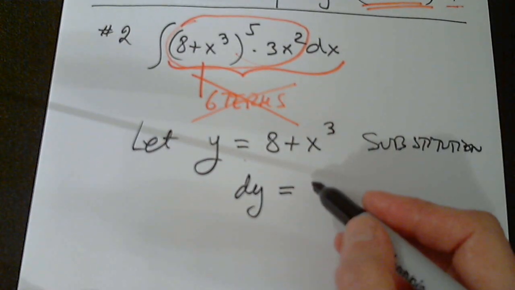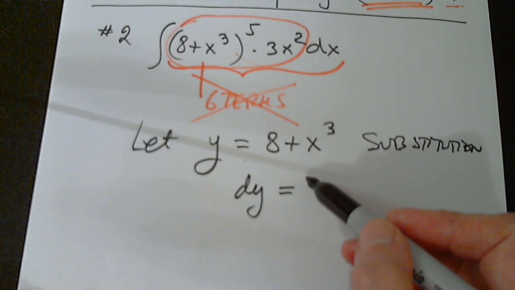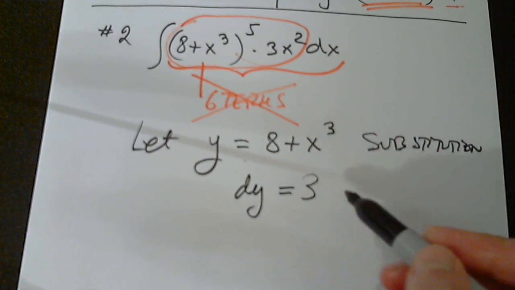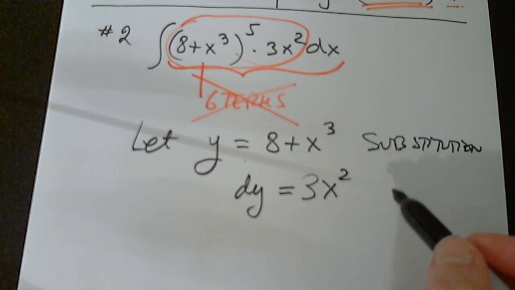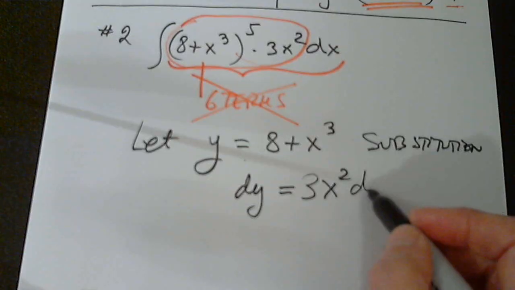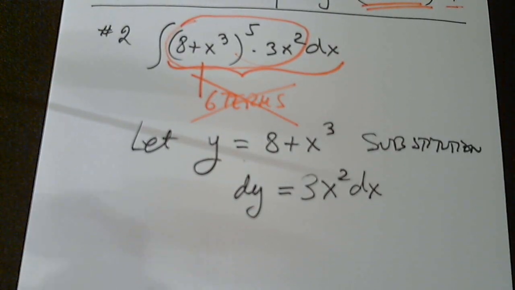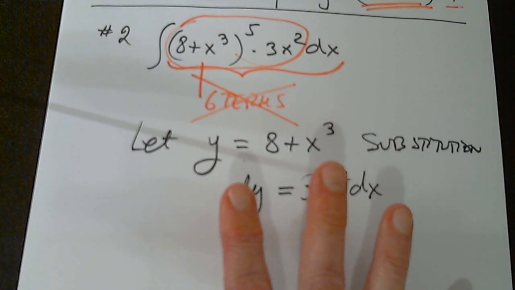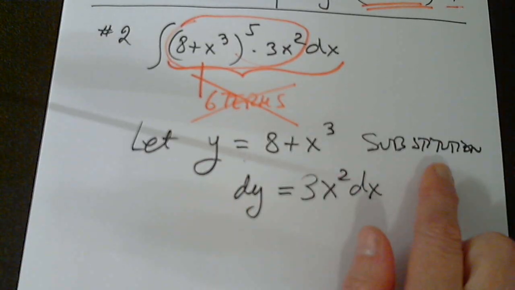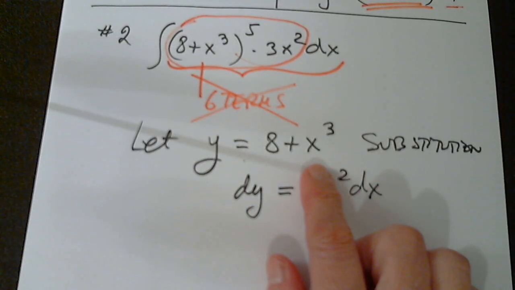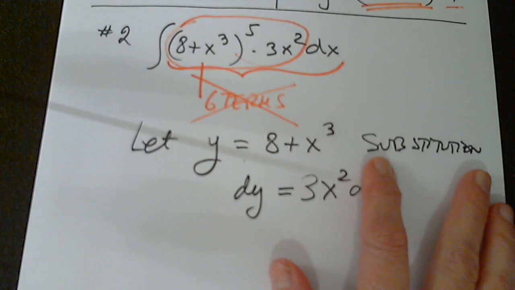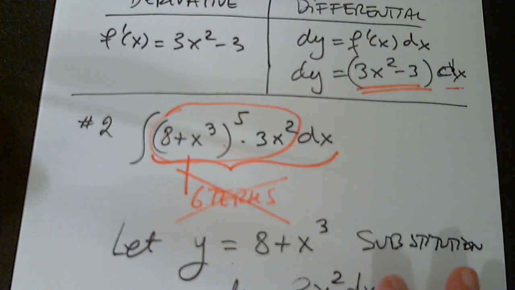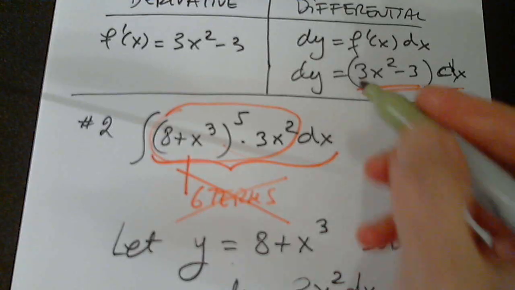So it would be 3x squared multiplied by dx. That's it. This is how I know that my substitution is a good one, the appropriate one. There may be more appropriate substitutions in different examples, but I know that this one is a good one. Here's why. And the answer is right here.